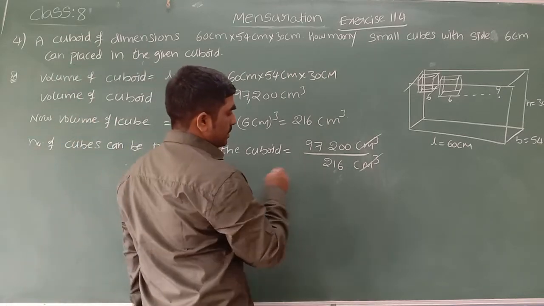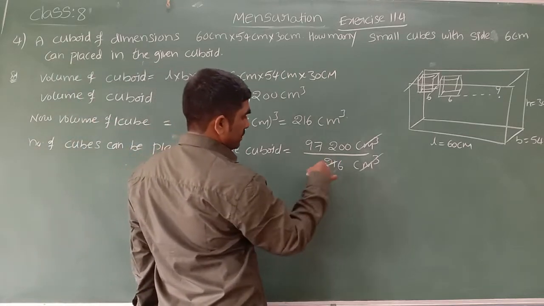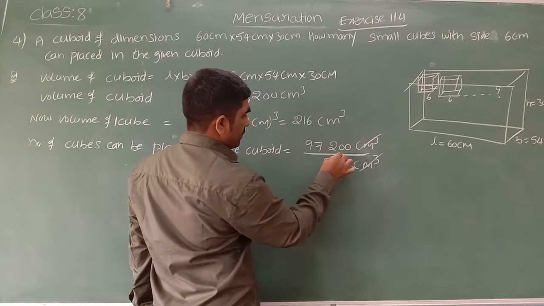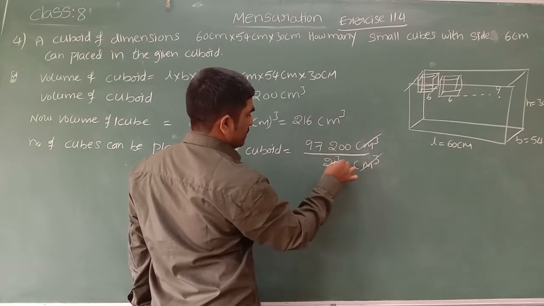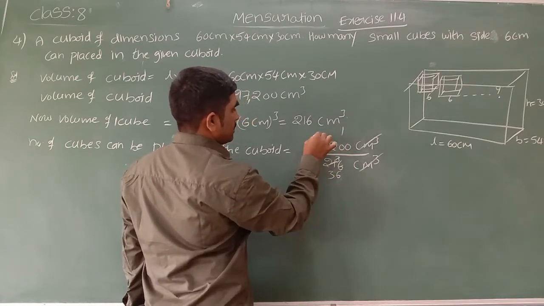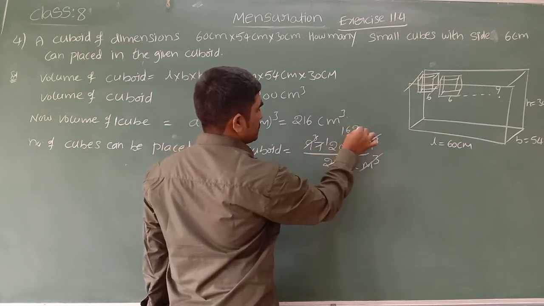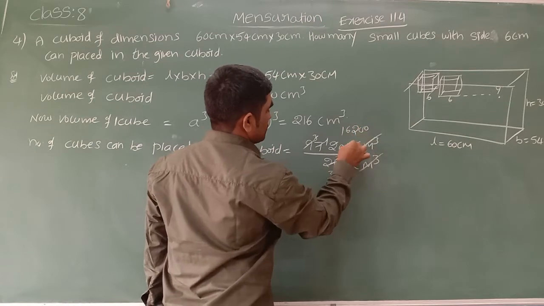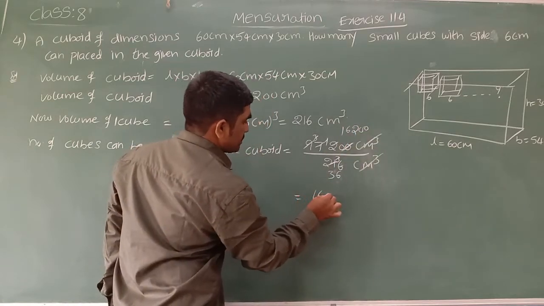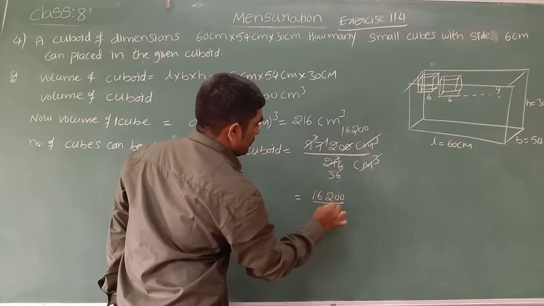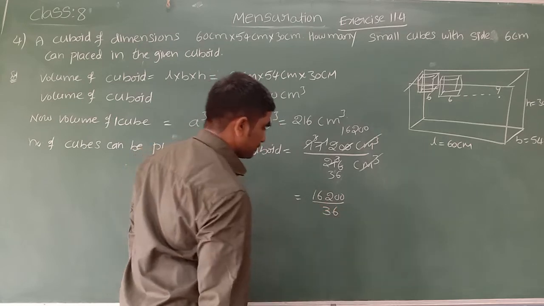Let us divide with the 6 table here. 6 3s are 18, 3 left. 6 6s are 36. Again 6 1s are 6, 3 left. 6 6s are 36, 1 left. 6 2s are 12. 2 zeros. Now see it again, 162 double 0 by 36.